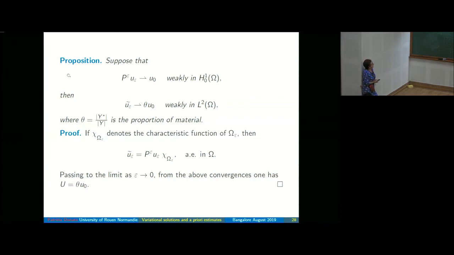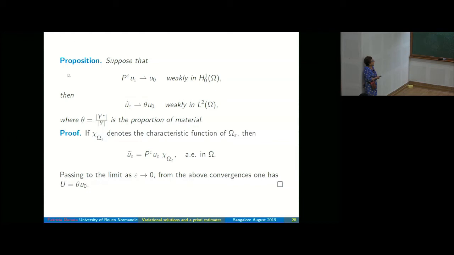Again, one writes now here that u tilde epsilon, which is 0 in the holes and u epsilon outside, is equal to this product, because in the holes, chi omega epsilon is 0 and u tilde epsilon is 0, so it's fine. And outside the holes, u tilde epsilon is equal to u epsilon.